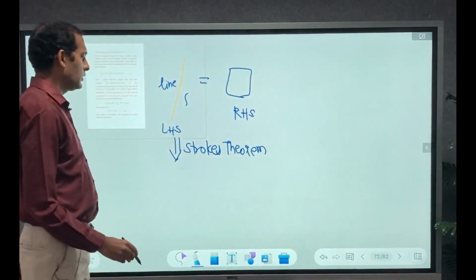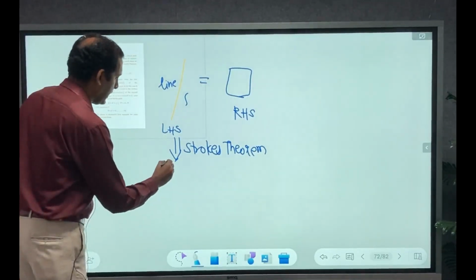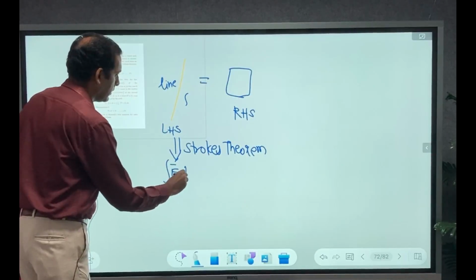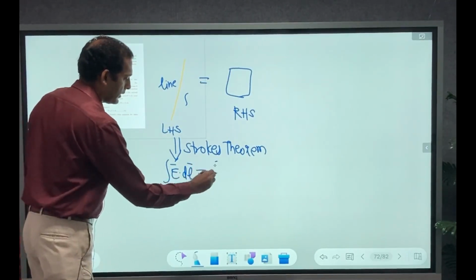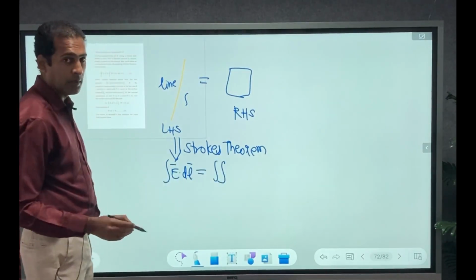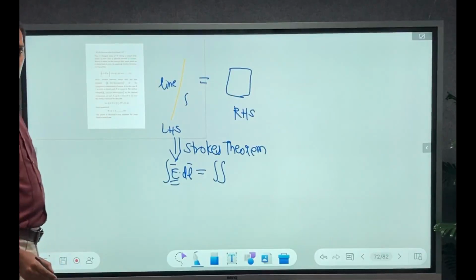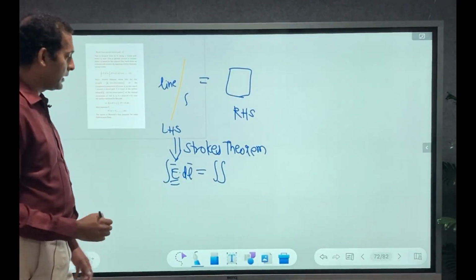Now what does Stokes theorem say? It says that if I have a line integral, here I have E bar dot dl bar, I can convert it to a surface integral. How? I have to take the curl of my vector. In this case my vector is electric field intensity.